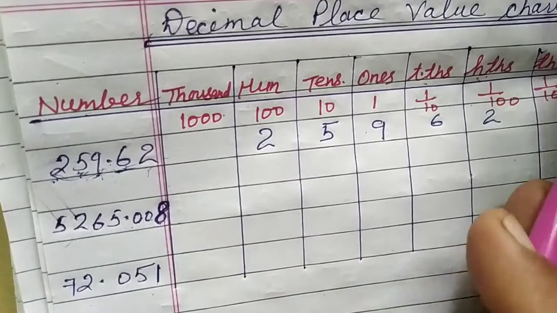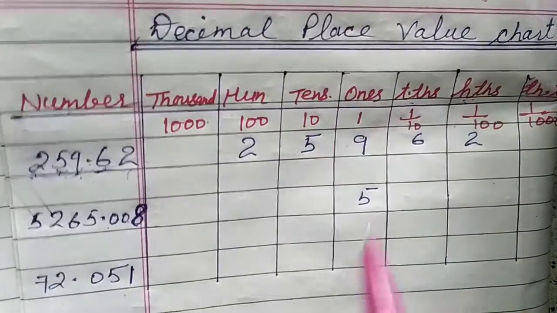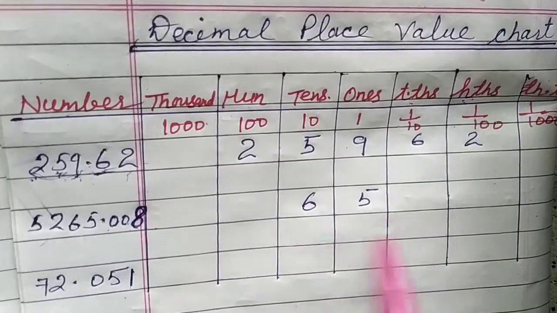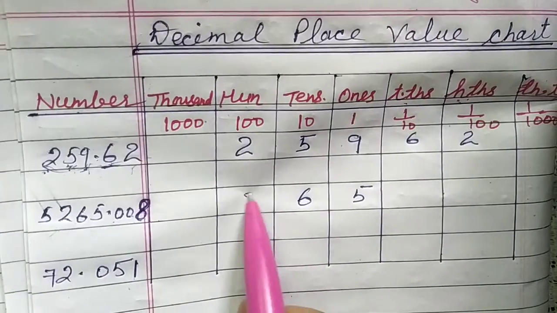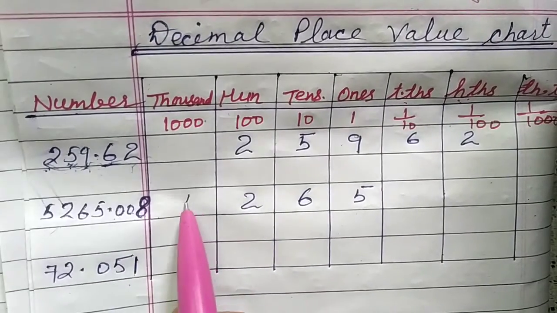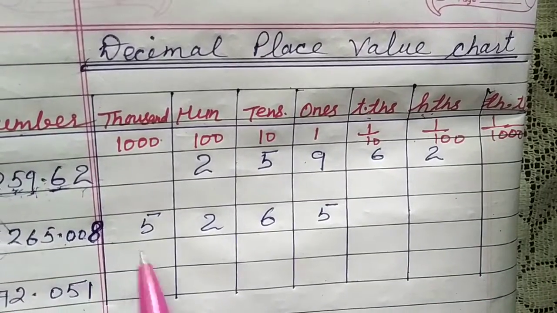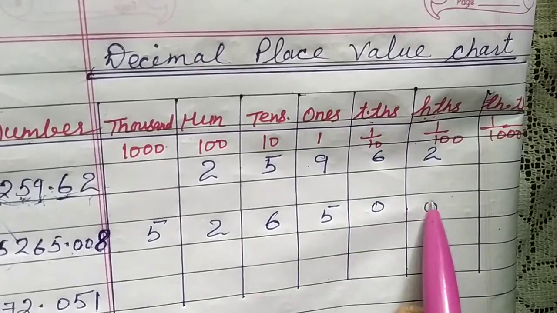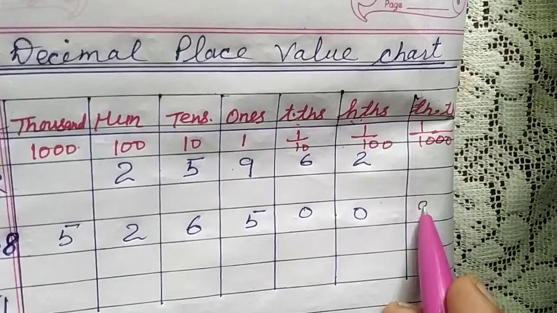So where do we have to put it? 5 will be at ones place, 6 will be at tens place, this 2 will be at hundreds place, and this 5 will be at tens place. Now this 008 is there, so the tenths place is 0, the hundredths place is 0, and the thousandths place is 8.